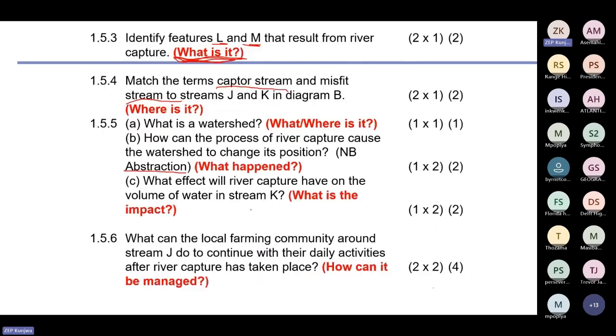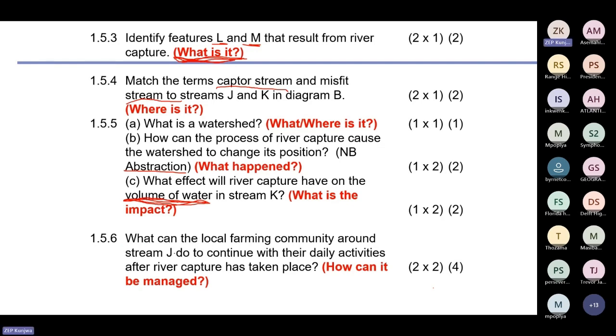Remember the question is on the volume of water, you see? So when you answer, you do not include things like farming and other stuff. The question is specifically asking about the volume of water. So it is going to increase the volume of water in the area. All right.